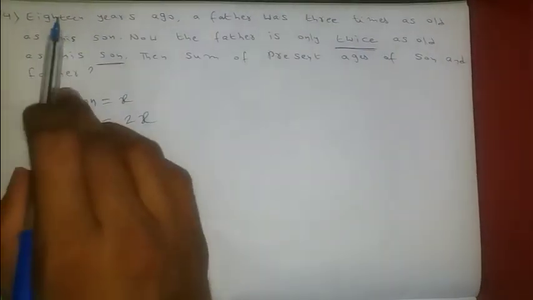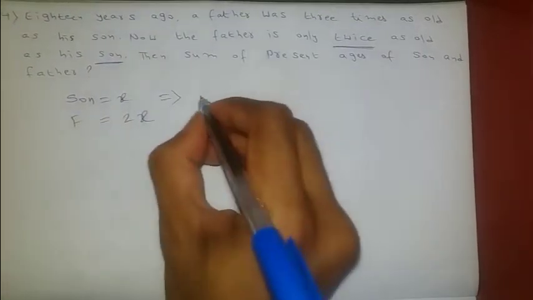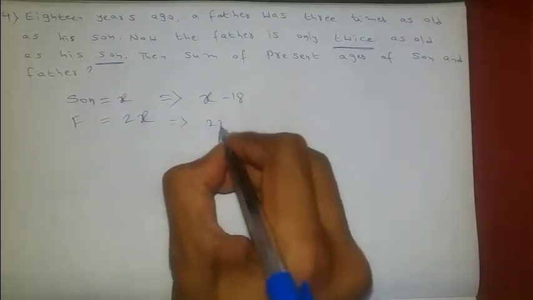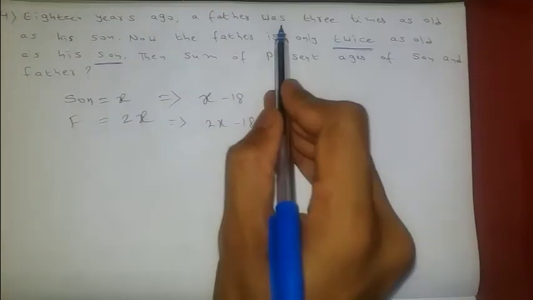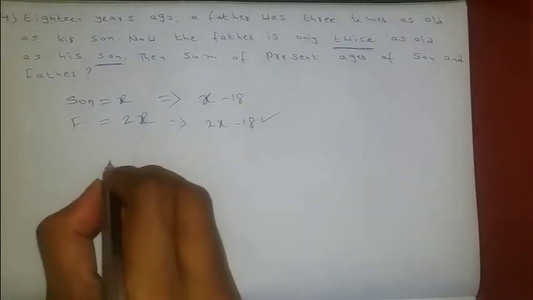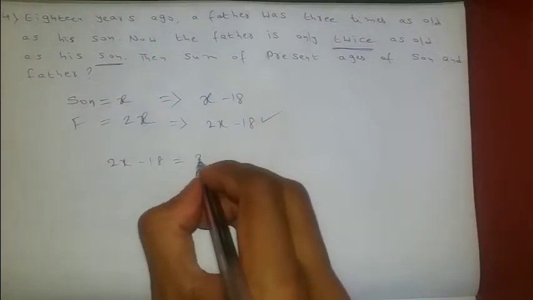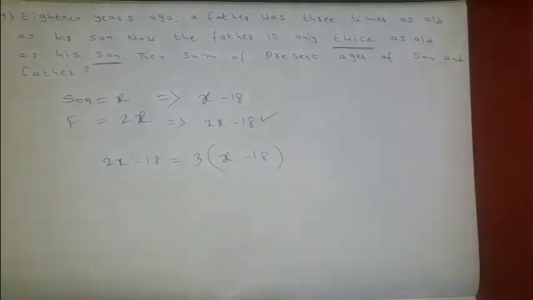Then 18 years ago, the son will be x minus 18 and the father will be 2x minus 18. 18 years ago the father, 2x minus 18, was 3 times as old as his son.